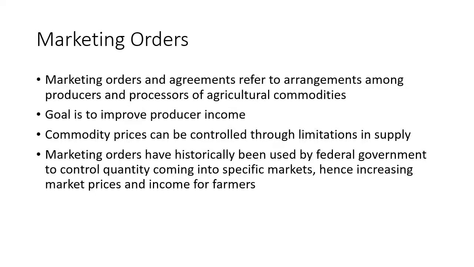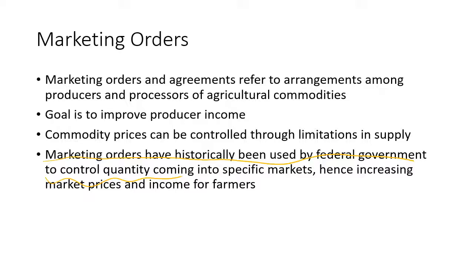The text also talks about marketing orders, and this is kind of the biggest point of them: historically, if the federal government wants to control the quantity of a particular product coming into specific markets in order to maintain a price for the product, they may prohibit the amount coming in.